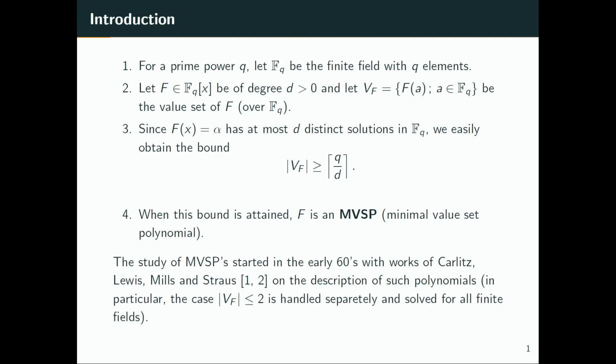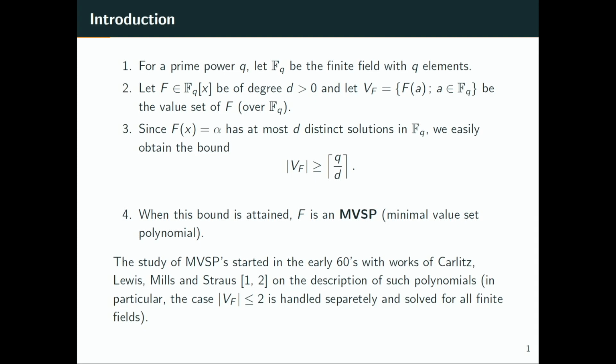And so the study of this problem, characterizing MVSPs, started in the early 60s with works of Carlitz, Lewis, Mills, and Straus on the description of these polynomials. And I'll just emphasize the case where the value set has only one or two elements. This is a bit different from the other cases.